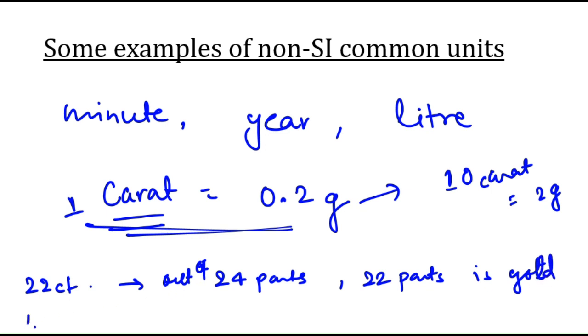In the same way, if we are talking about 18 carat gold jewelry, it means out of 24 parts, 18 parts is made up of gold. So if we are taking gold jewelry of 24 grams, 18 grams gold is present there, and the remaining 6 grams maybe some other elements.